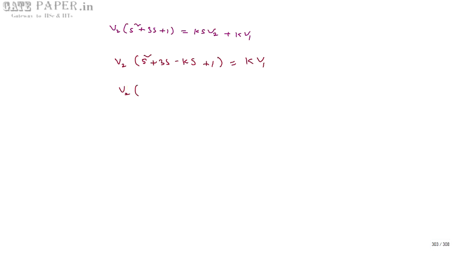So V2 into (S square plus S times (3 minus K) plus 1) is equal to K V1.